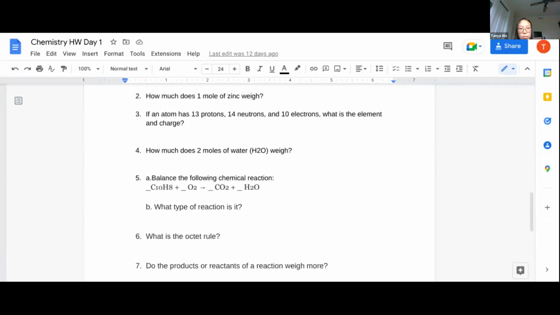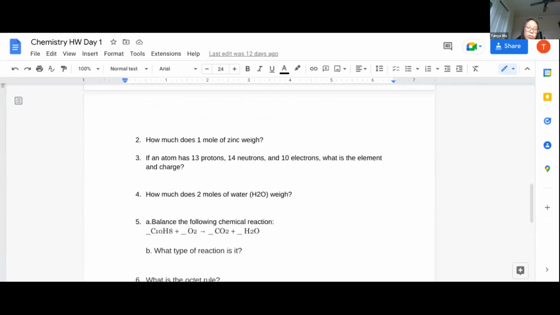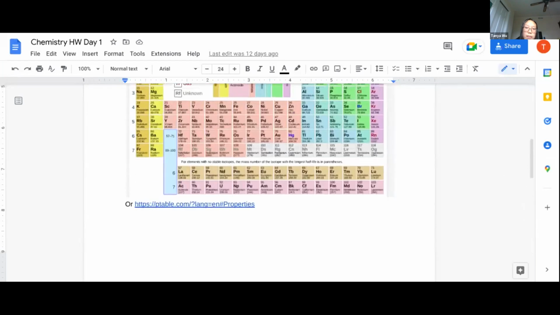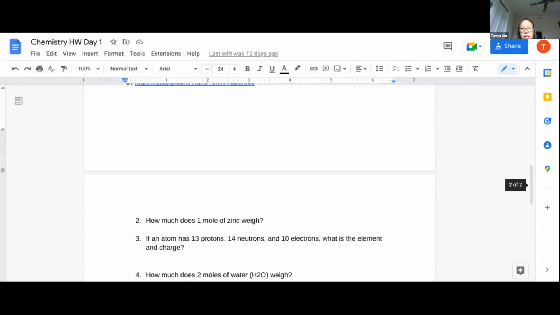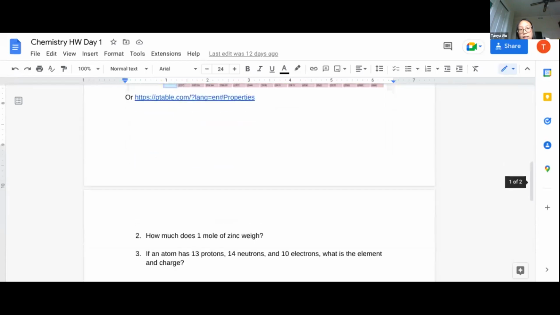How much does 1 mole of zinc weigh? Remember that the atomic mass is just the amount of mass 1 mole of that thing takes up.